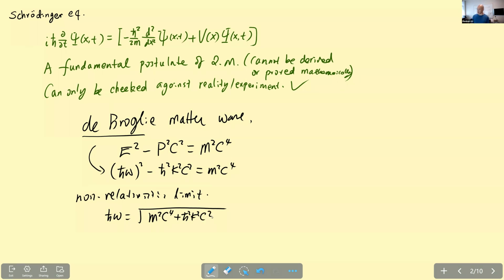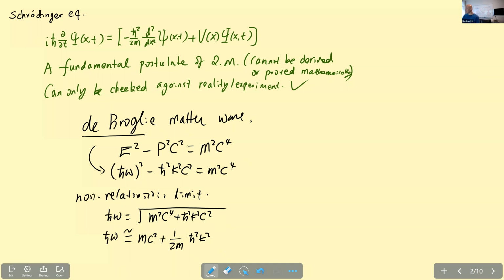And then do a Taylor expansion. So this will be approximately mc squared plus 1 over 2m h bar squared k squared. So you should have this kind of dispersion.